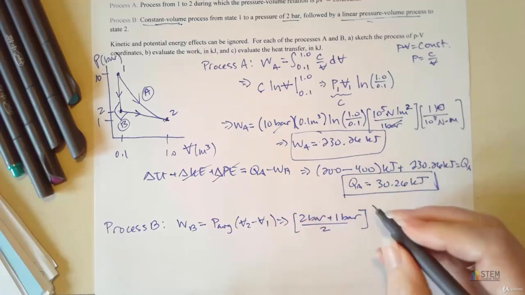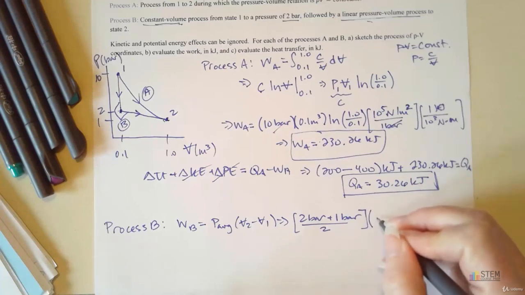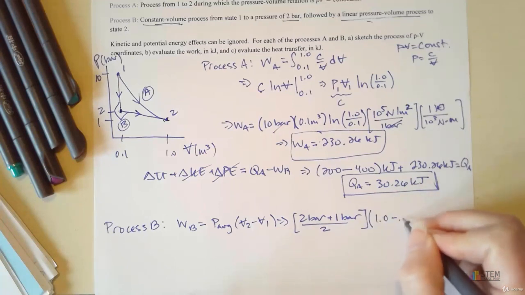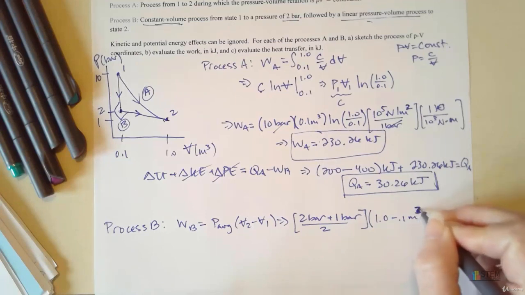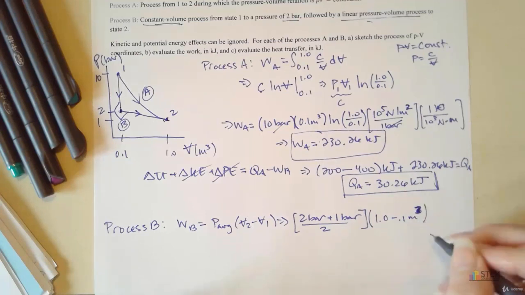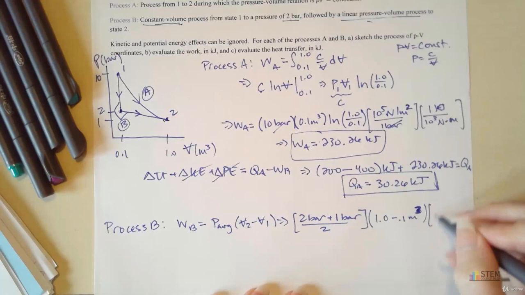And then for the volumes here, we're going between 1 and 0.1. And these are cubic meters, that's a 3 there. Once again, we're stuck with this bar cubic meters for the units, so you've got to convert.